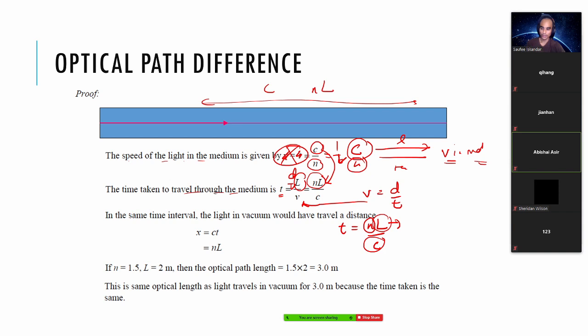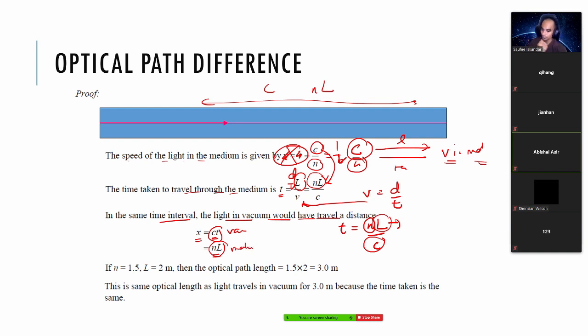In the same time, the light in the vacuum will travel a distance x equal to ct, which equals nL. Here we are comparing ct in the vacuum and nL in the medium.